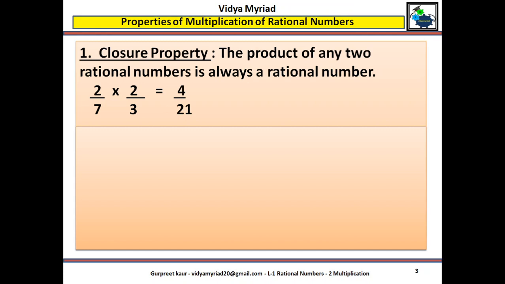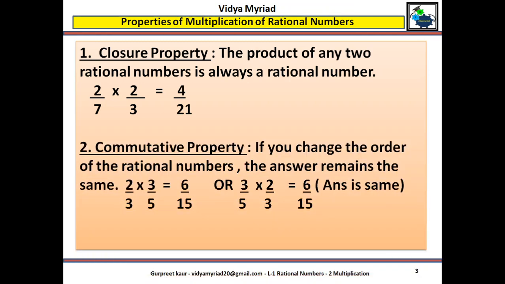In the same way, when you multiply two rational numbers, your answer will always be a rational number. Like you see in this example, 2 upon 7 multiplied by 2 upon 3. So what is the product you get? 4 upon 21, which is in the p upon q form, so it is a rational number.